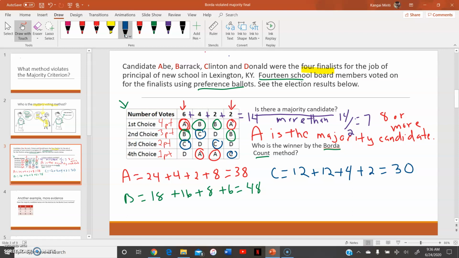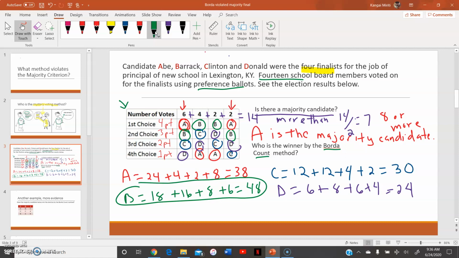And then finally, D would earn 6 plus 8 plus 6 plus 4 for a total of 24. And we can see here then that the candidate that got the most Borda count points is B. So B is the Borda count winner.